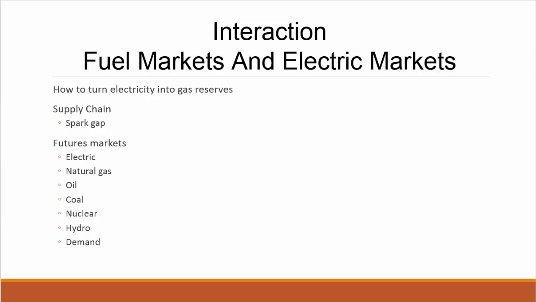If we go to futures markets, those, of course, are very critical as they fold into the midterm operational planning of the next 18 months in terms of what electric energy is going to be available, what natural gas will be available, oil, coal, nuclear, hydro, and what will the demand be over the next 18 months?